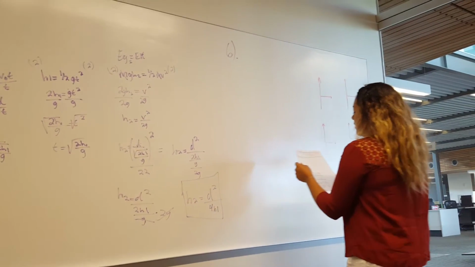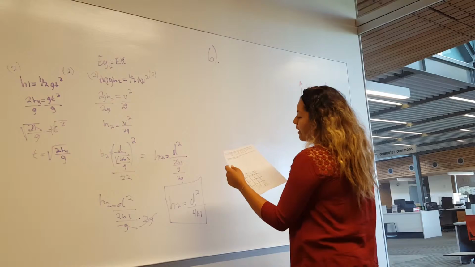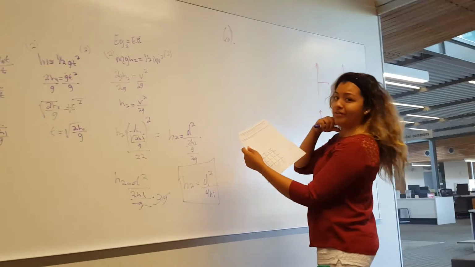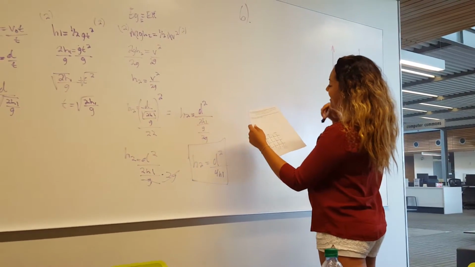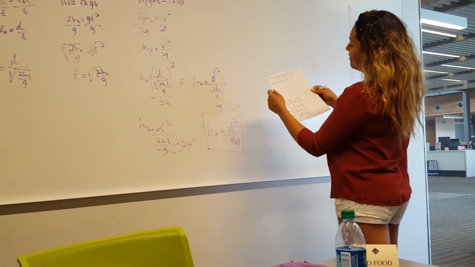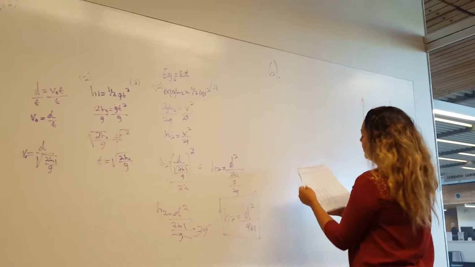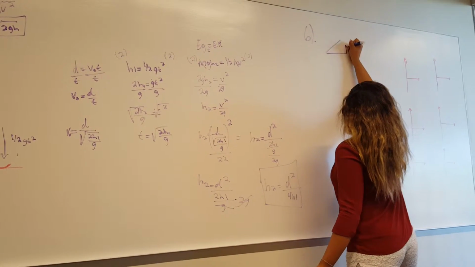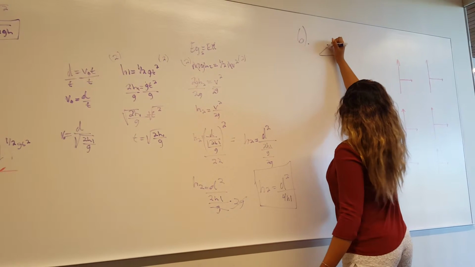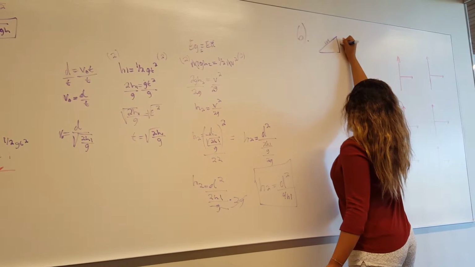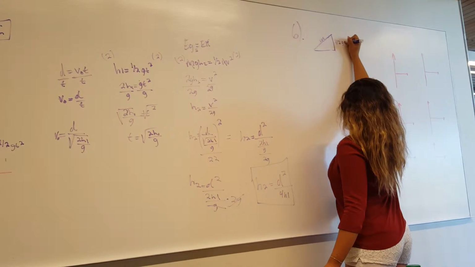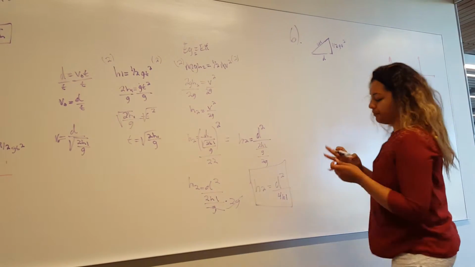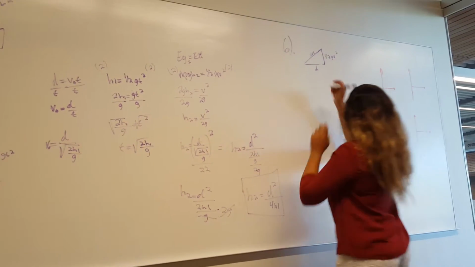Alrighty. So number 6 says, starting with a vector diagram for the balloon launch, derive a relationship for the launch velocity in terms of the distance the balloon will travel. So you do your triangle and you label it. This is 1/2 gt squared. This is d.